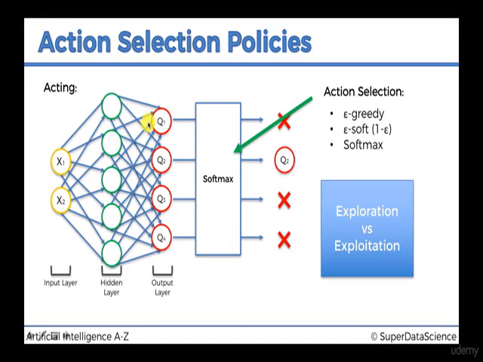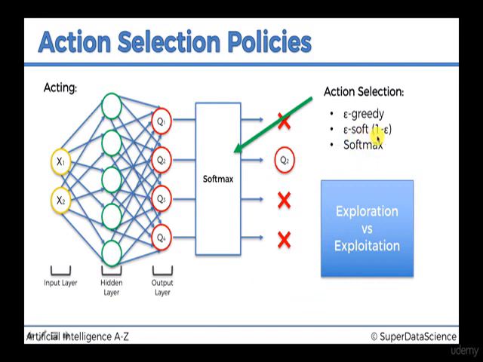Or if you set epsilon to 0.05, that means that 95% of the time the agent is going to be taking the action with the highest Q value, but 5% of the time it's still going to be selecting a random action. So it's going to be going out there and exploring.